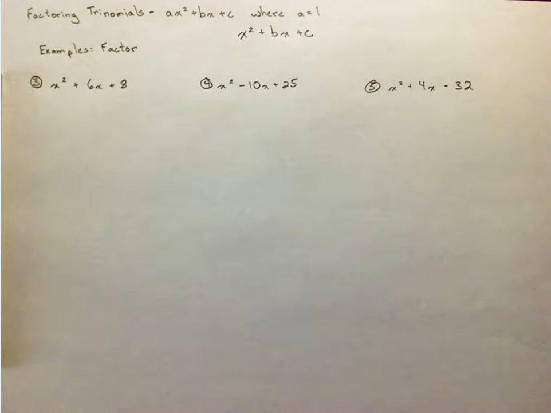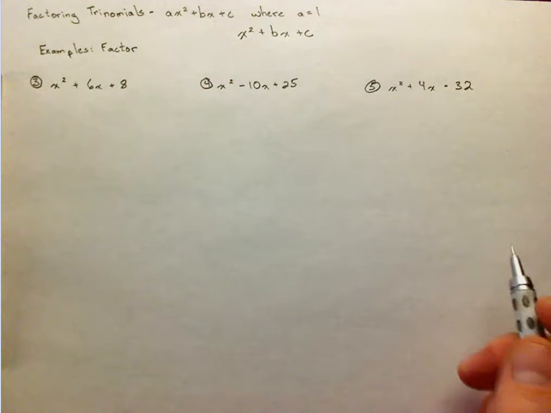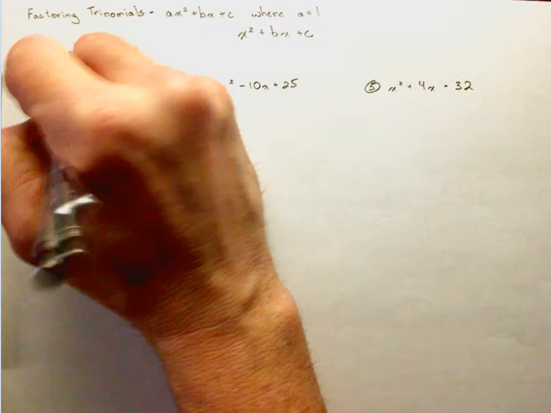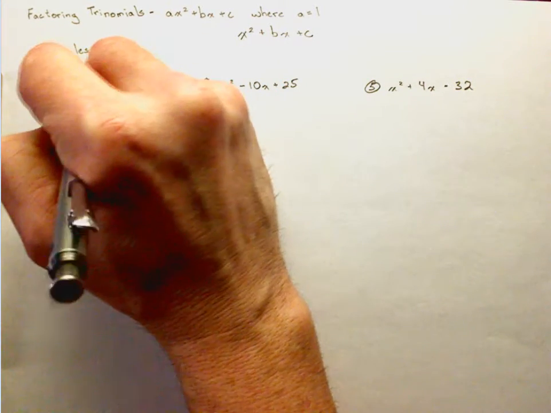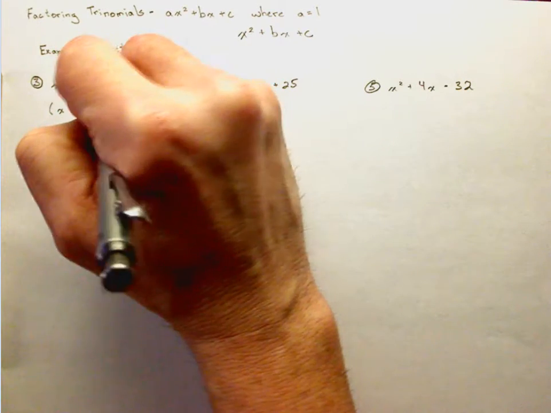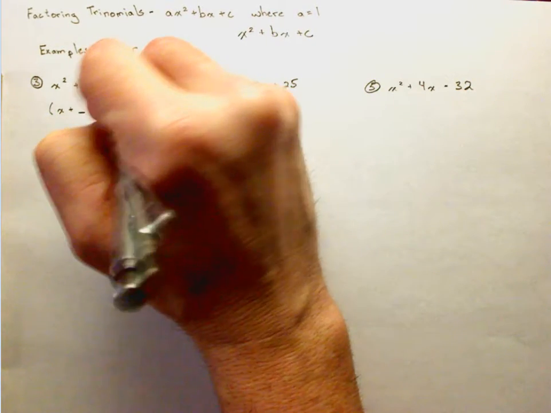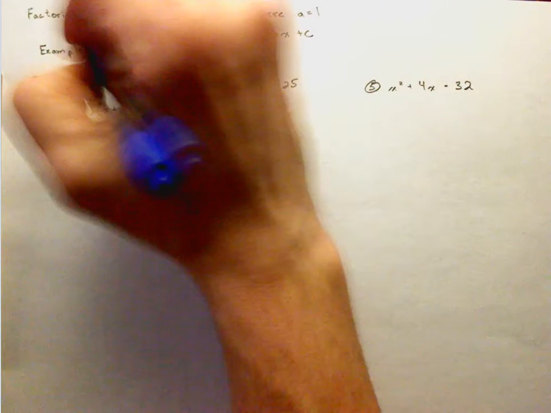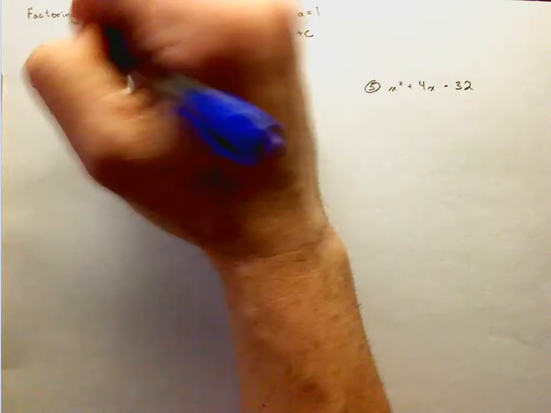Okay, so the first one. What I want is this form, correct? This is the form that I'm looking for. So I'm going to look at the factors of c that sum to b.